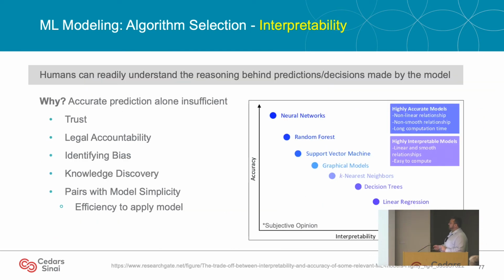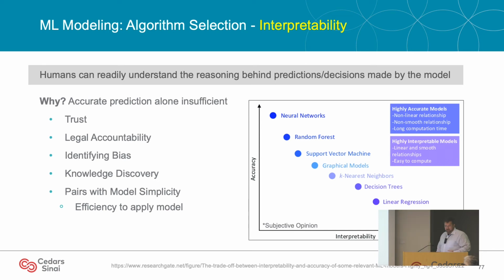So what do I mean by interpretability? Humans can readily understand the reasoning behind predictions or decisions made by the model. So why do we care? Again, when accurate predictions alone are insufficient. We need more than just accurate predictions on some data sets to convince us that it works.